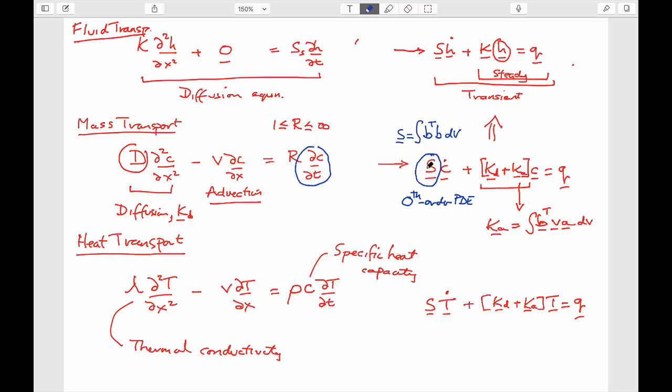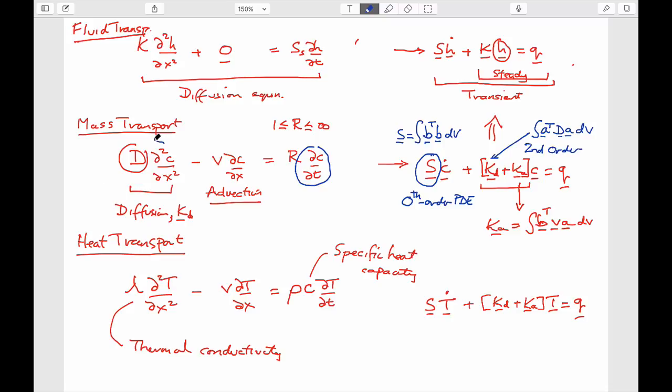Always looks like this. We know that this diffusive term here always looks like an integral of the derivatives of the shape functions, A transpose dA dV. These are all submatrices. And so this is a second order PDE.